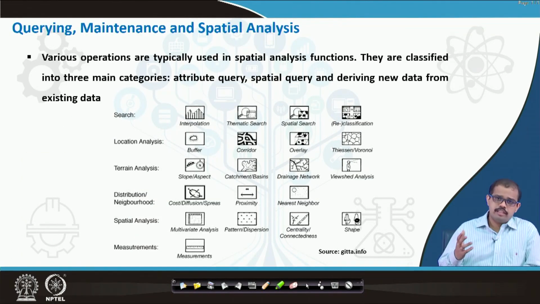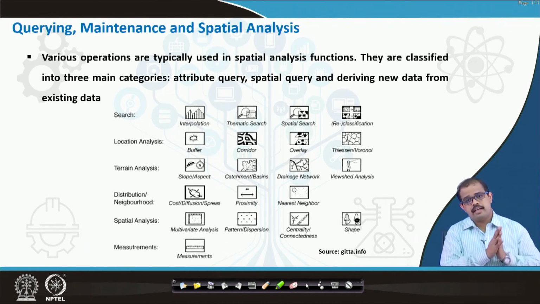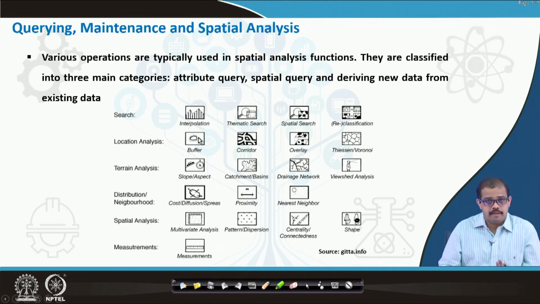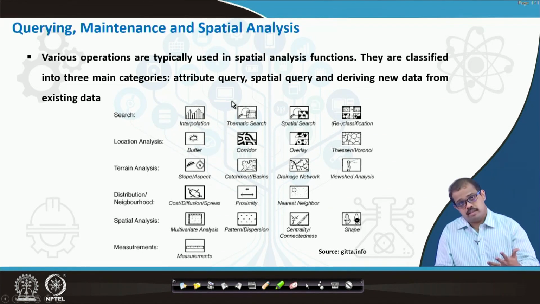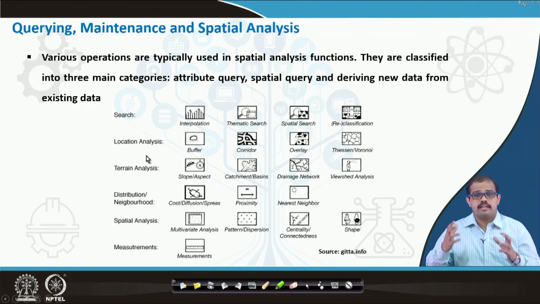So we can do various operations when I say this. You have attribute data, you have maintained the attribute data, you have spatial data, then using both you can do several operations on your database through spatial analysis. For example, you have a search operation, which can be a thematic search or a spatial search, etc. You have location analysis when you are looking at a buffer, a corridor, etc. You have terrain analysis when you are looking at slope or aspect.